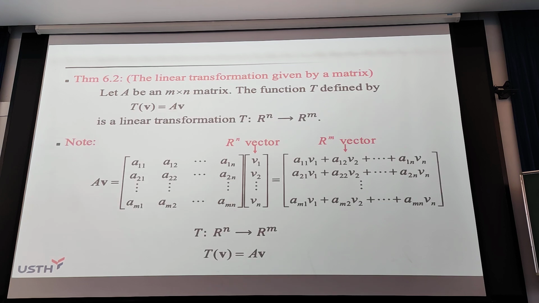And the next one is here. If A is an n by n matrix, given by that thing, then the function T like that will be a linear transformation from Rn into Rn. And if you look at the matrix multiplication, you will see that if we take A and multiply it by a vector inside Rn, the result will be a vector inside Rn.